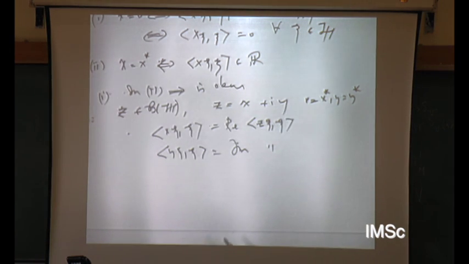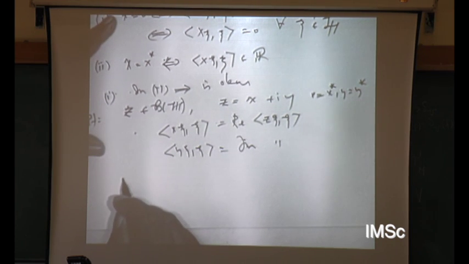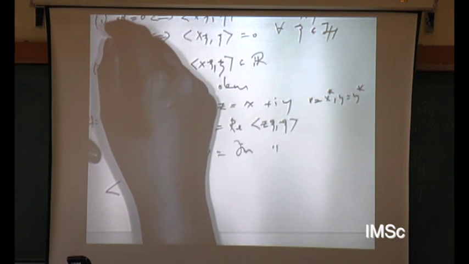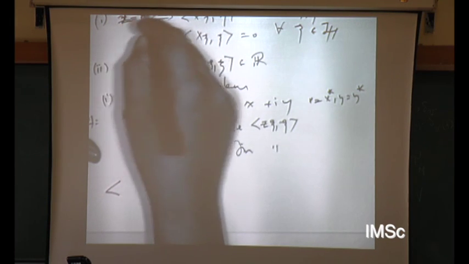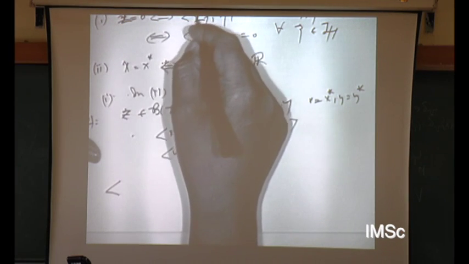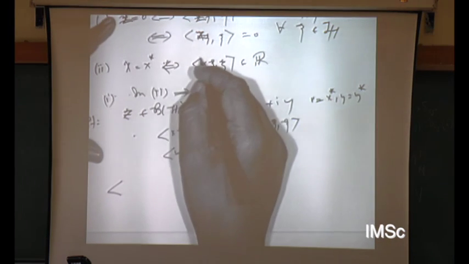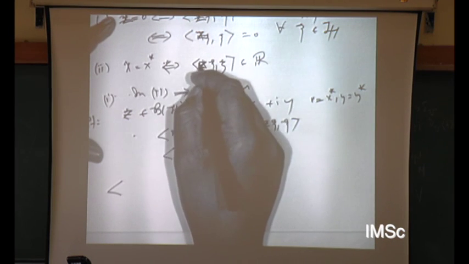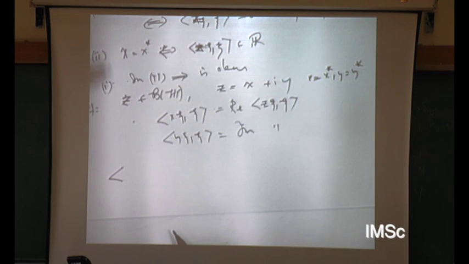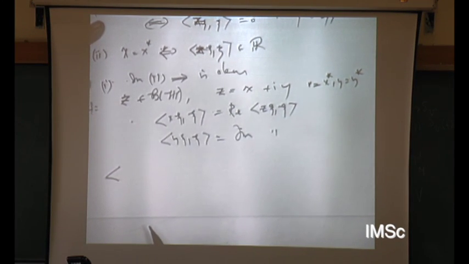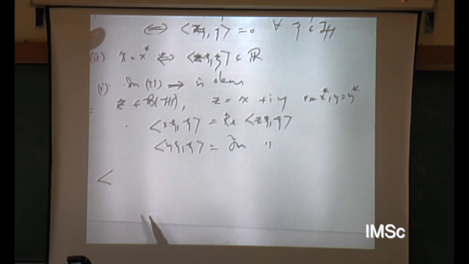Okay, so now I say, therefore z, so let me call this z. Clearly z is 0 if and only if z ξ η is 0 for all ξ and η.